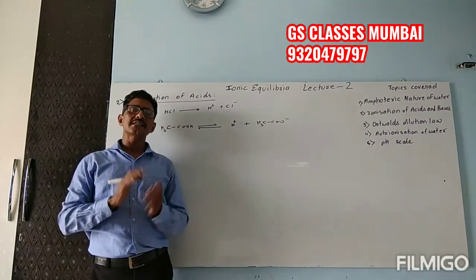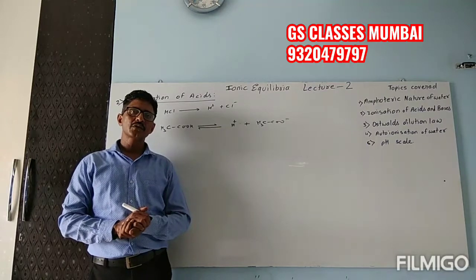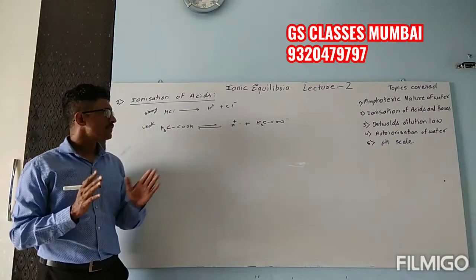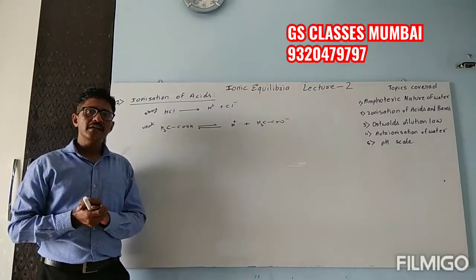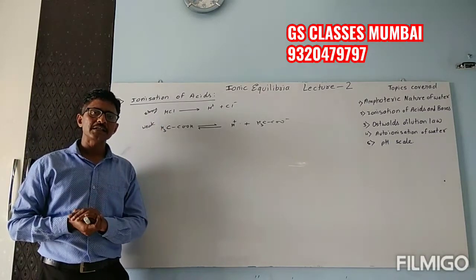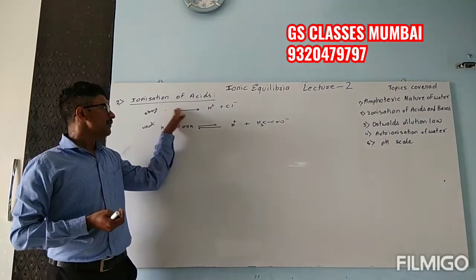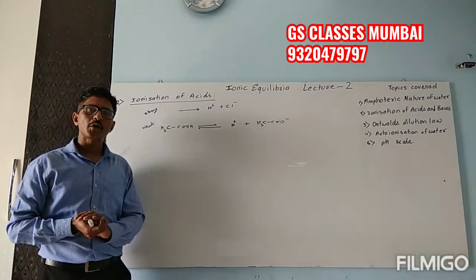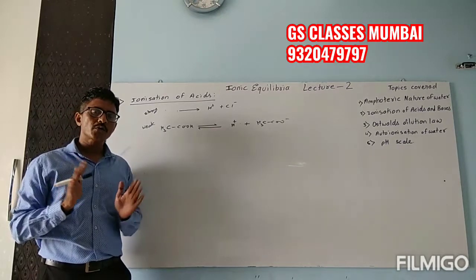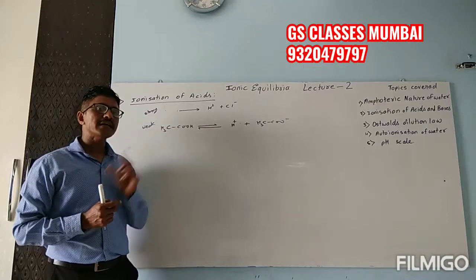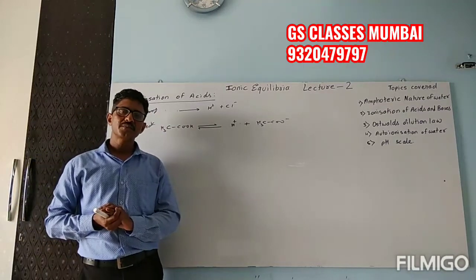As long as we are discussing strong electrolytes, the reaction gets completed, meaning if we take HCl, the entire HCl will split into ions. At the end of the reaction, you will not have any of the associated molecules. All you are going to have will be the ions. But in the case of the weak electrolyte, what happens?